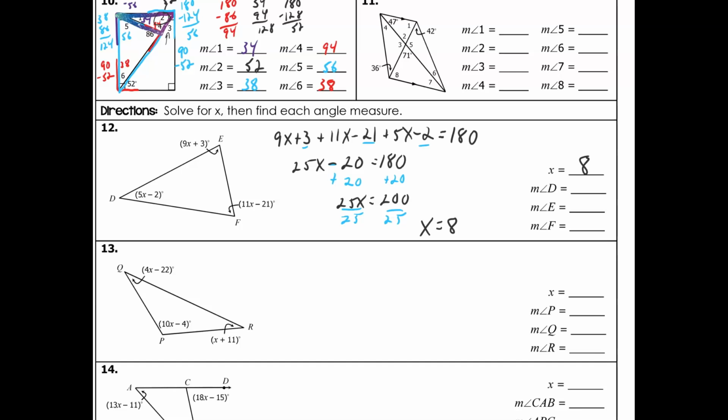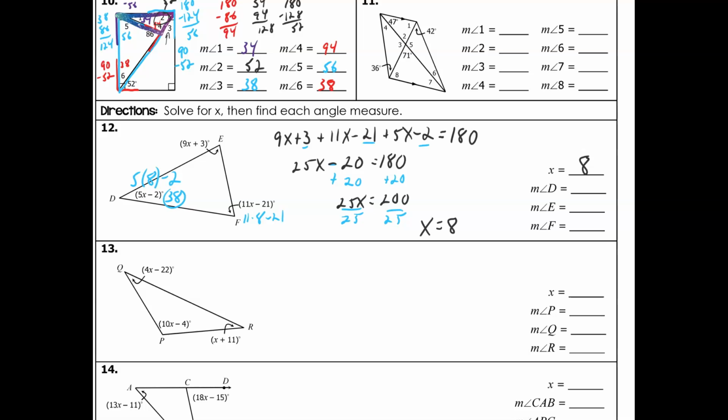Okay, now we can find the three angles, now that we know x. So let's just do this. We have 5 times 8 minus 2. And now these should add up to 180, right, when we're done. 5 times 8 is 40, minus 2 is 38. So there's one of the angles. 11 times 8 minus 21, that's 88 minus 21.